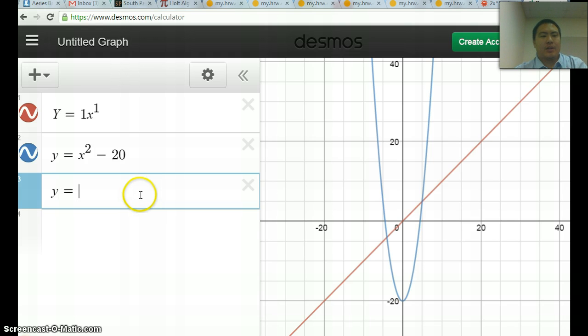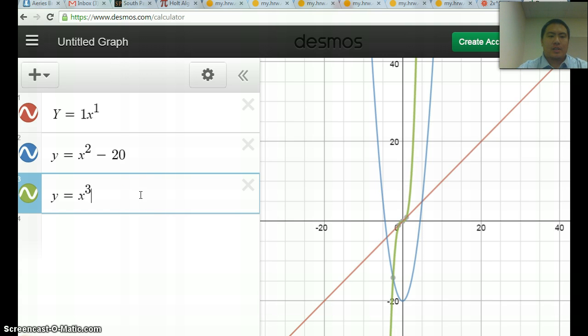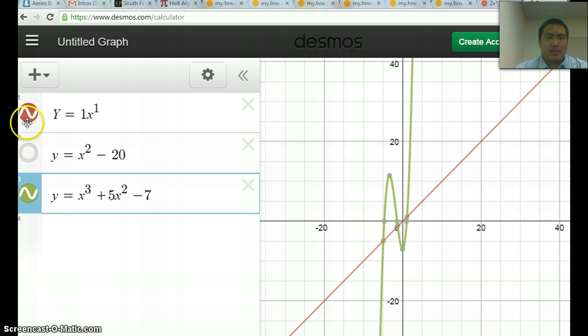For a degree 3 polynomial, like x to the 3rd power, and you can even put in 100x, or plus 5x minus 7, or x squared. Now, this green one is an odd degree. It's favoring the odd degree, and we know the end behavior, because it's odd, is that if I go towards the positive, the highest degree term is always going to be the strongest.